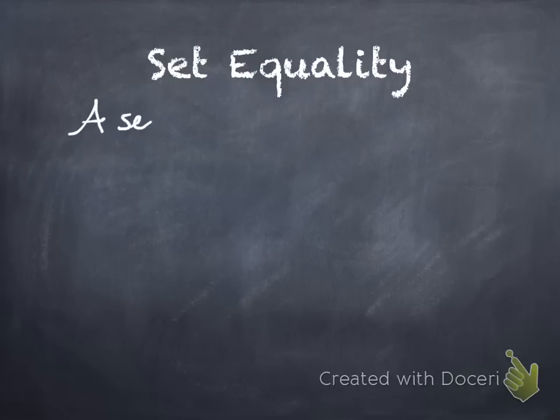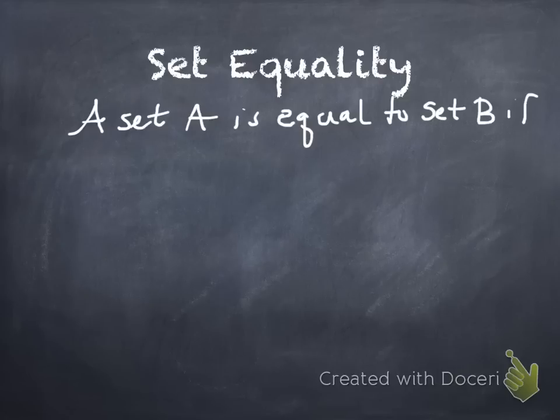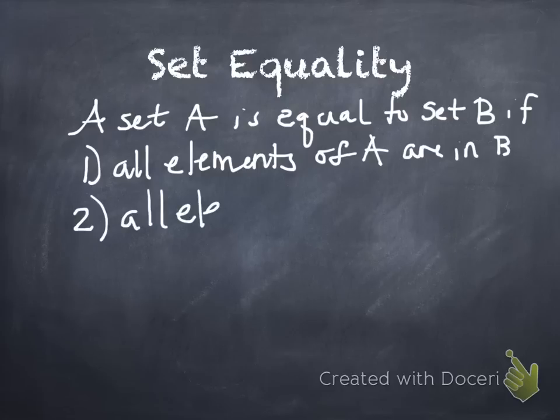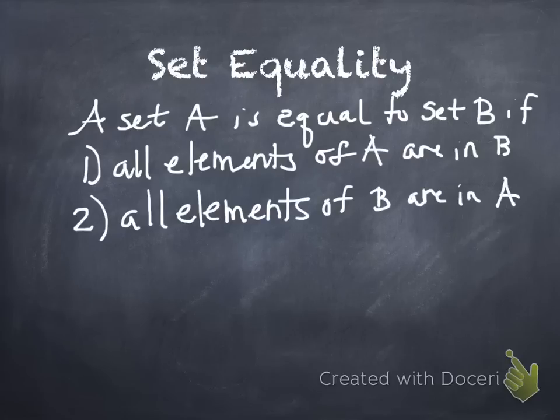A set A is equal to set B if, number 1, all elements of A are in B, and number 2, all elements of B are in A.